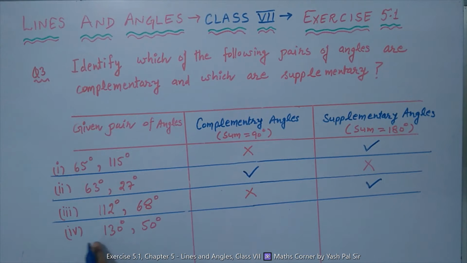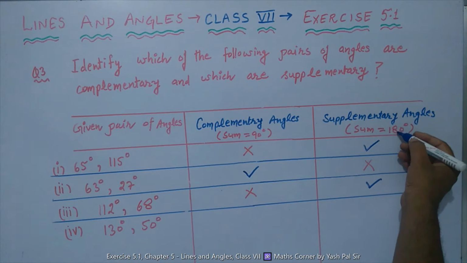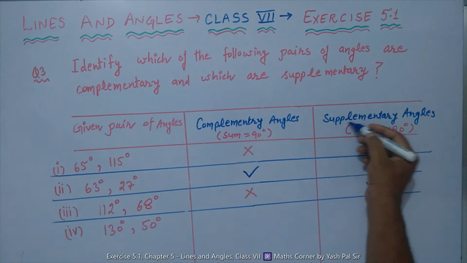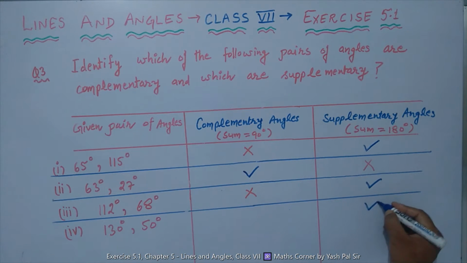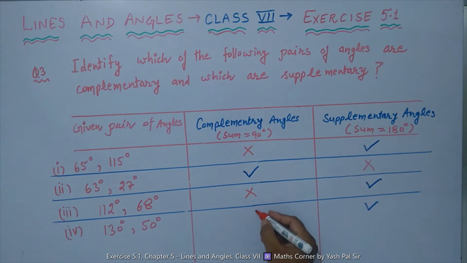Now what about fourth part, 130 degree comma 50 degree. Now tell me what is the sum of these two angles? Yes, sum is equal to 180 degree. So here this is sum of 180 degree, that means supplementary angles. These two angles are supplementary angles. So here we put cross mark.